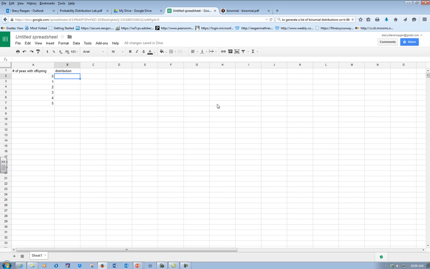So I'm just going to hit equals and start typing binomial and see what happens. Now, down here at the bottom, I see BINOM.DIST, and it says binomial distribution probability. That's what I want. And I want it to come from this cell starting with A2.